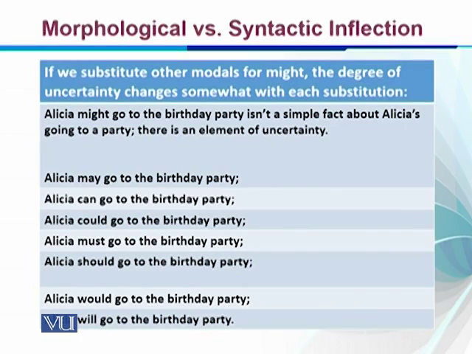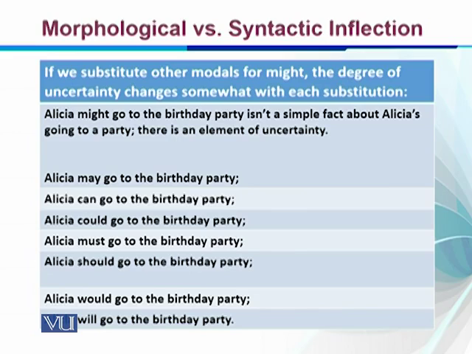So if we substitute other modals for might, for example, the degree of uncertainty changes somewhat with each substitution. Alicia might go to the birthday party isn't a simple fact, like Alicia is going to a party. There is might go, there is an element of uncertainty. He may or may not go.